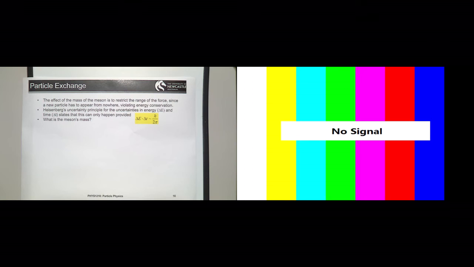So we've now got this theory where we create a virtual particle out of nowhere, pass it from one of our nucleons to the other one, and that creates the force. Unfortunately, that violates the conservation of energy.